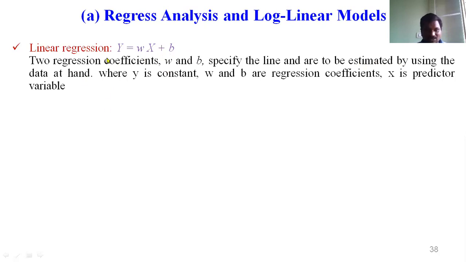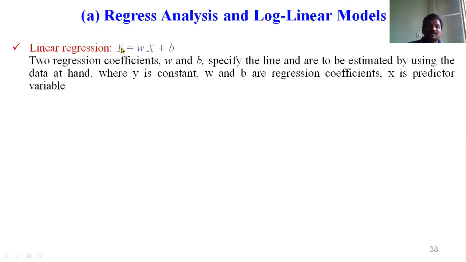Linear regression is used for fitting the line. Already in the previous class I explained this with the help of a vector tool also. This is a representation of regression. This linear regression is used for predicting; it is one of the prediction techniques.